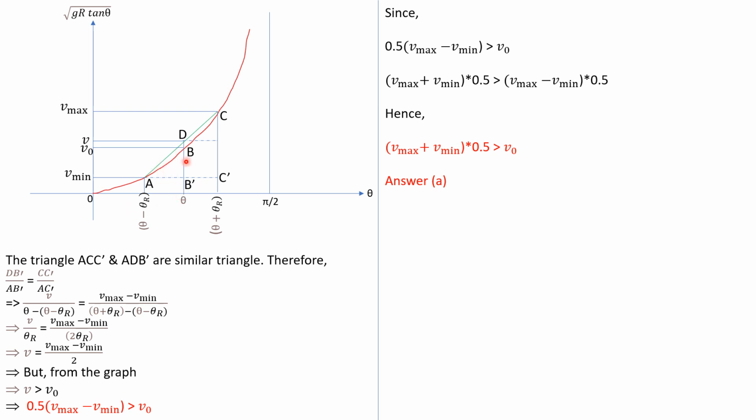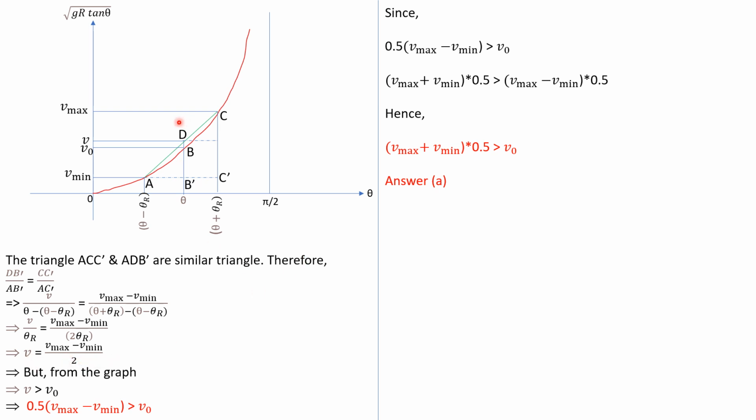So third angle will also be equal, meaning ADB dash will be equal to ACC dash. So from the similar triangle formula, we can say that DB dash by AB dash will be CC dash by AC dash. And we will put the values of DB dash, AB dash, CC dash and AC dash. So you will be getting V equal to (Vmax plus Vmin) by 2.